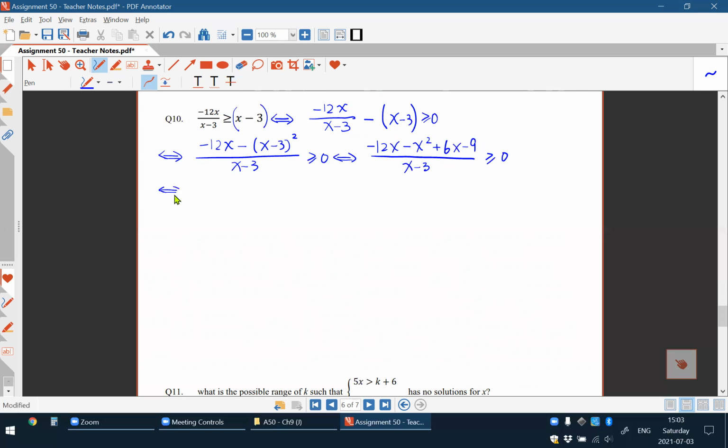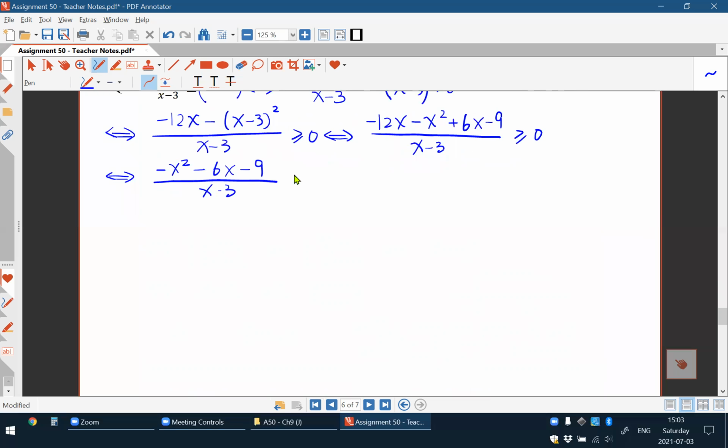And this is equivalent to minus x squared minus 6x minus 9. Can you see that this is actually a formula? Minus over x minus 3, greater than or equal to 0. Let's multiply both sides by minus 1.